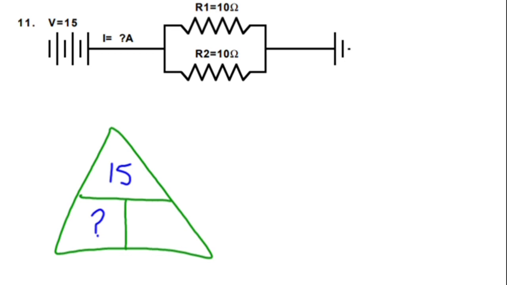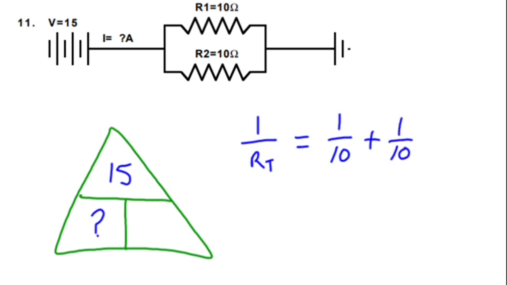But what we can do is find the total conductivity of our circuit. Conductivity is inversely proportional to resistance and can be shown as 1 divided by the total resistance, which in turn would be equal to 1 divided by R1 plus 1 divided by R2.